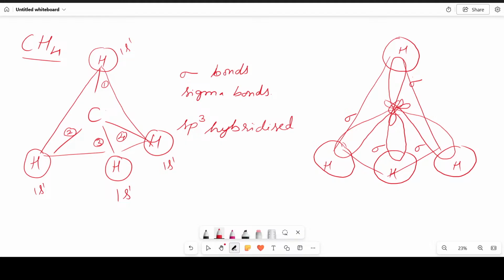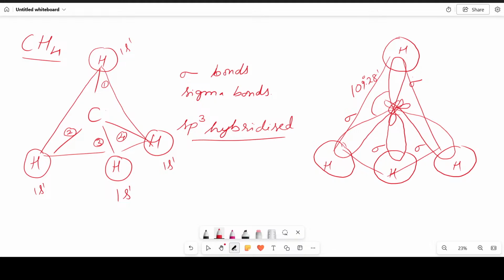Now what is the bond angle? It is 109 degrees 28 minutes. And the hybridization of the carbon is sp3. I already told you, right? This was clearly studied by Van 't Hoff. Therefore he was awarded the Nobel Prize in chemistry in 1901.